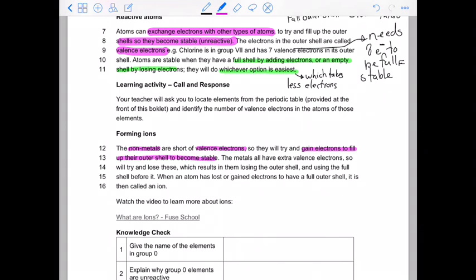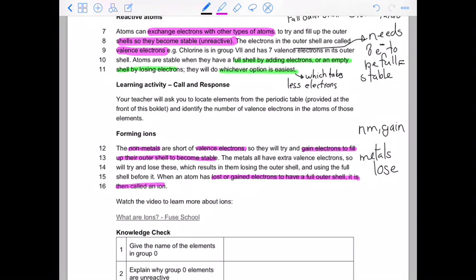So the nonmetals will gain electrons, whereas the metals will lose electrons. So when an atom has gained or lost electrons to have a full outer shell, it is then called an ion.